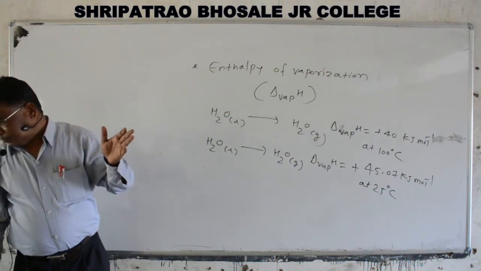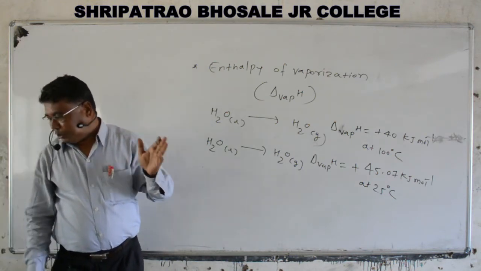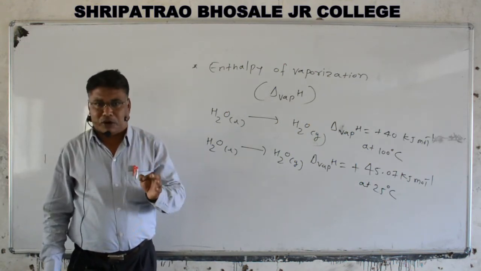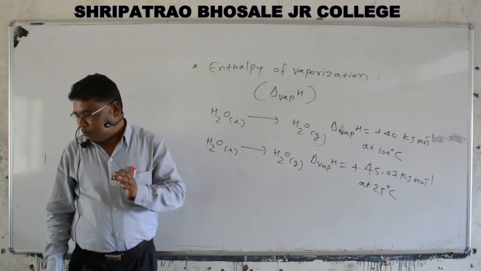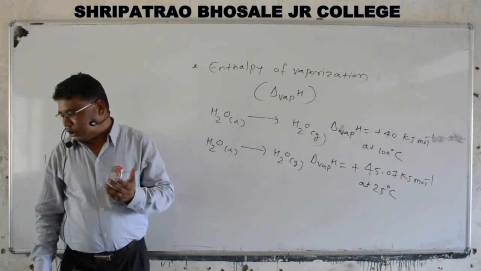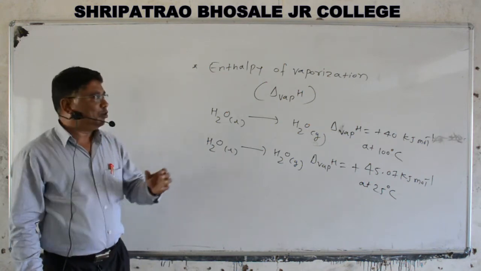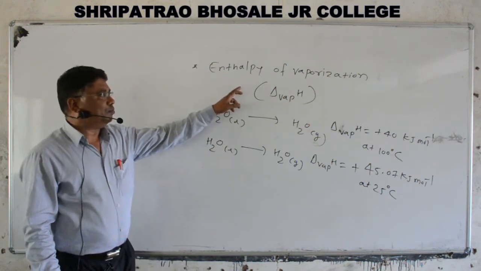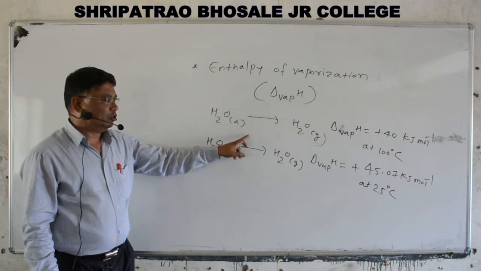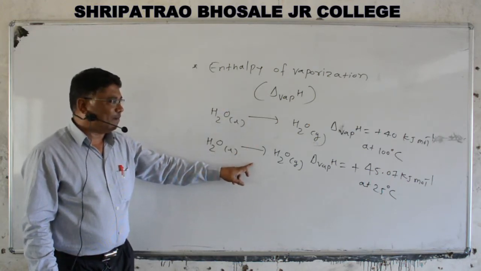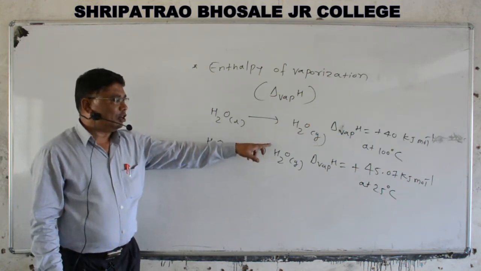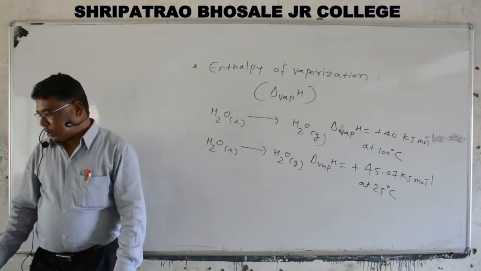It is the enthalpy change taking place or accompanying the vaporization of 1 mole of liquid without changing its pressure, at constant temperature. This is called enthalpy of vaporization. So these two are the examples of vaporization. Vaporization means liquid is converted into gas.